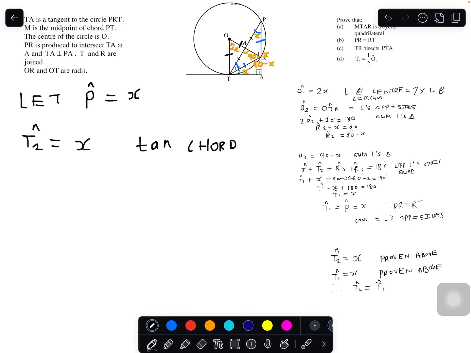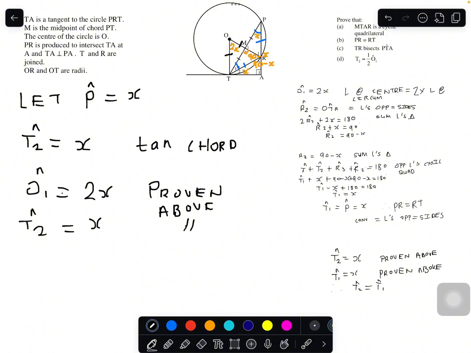So we say that O1 equals 2x proven above, and then we'll have that T2 equals x proven above. So then therefore T2 equals half O1.